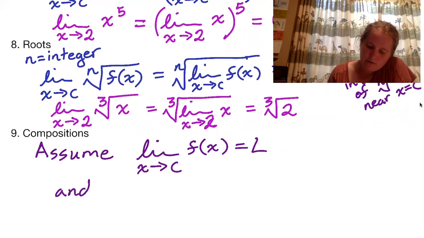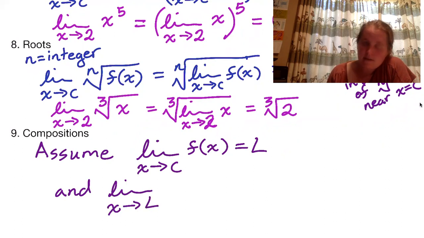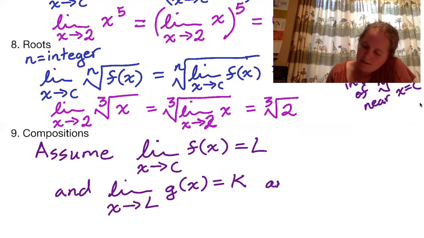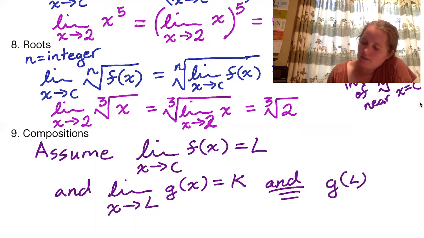And here's our modification. The limit now as x approaches L of g of x is equal to k. And the other key feature will be that g of L itself is equal to k.